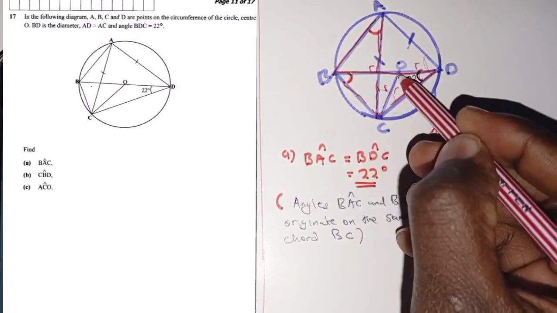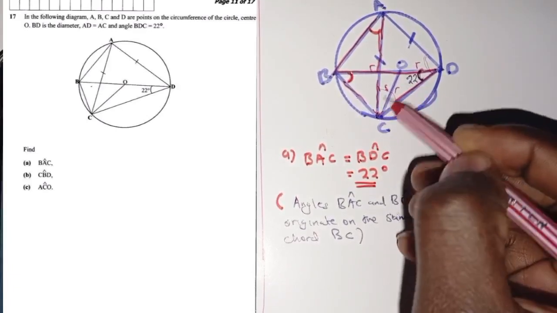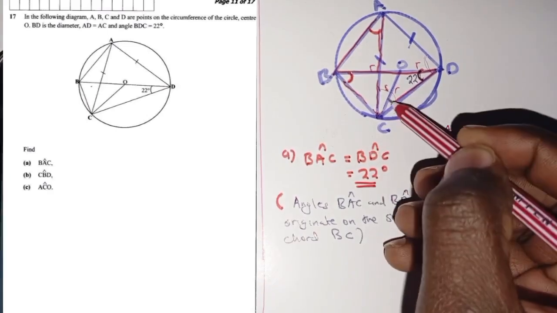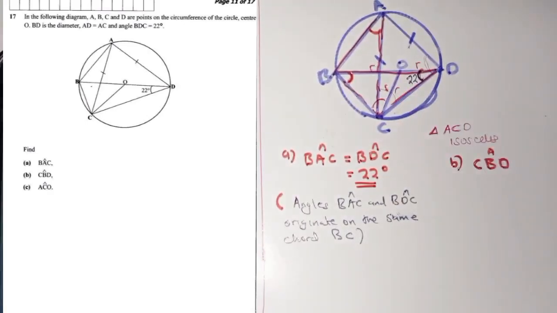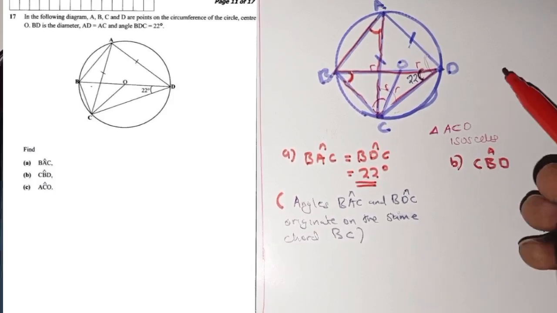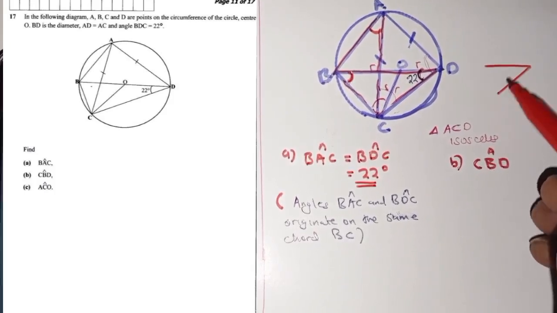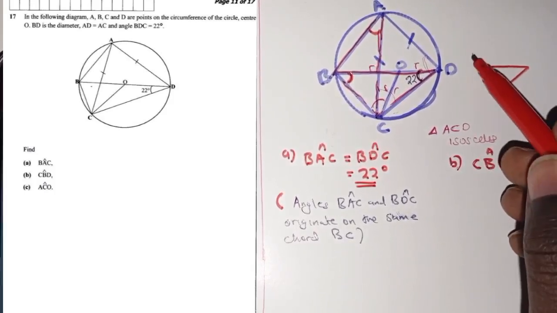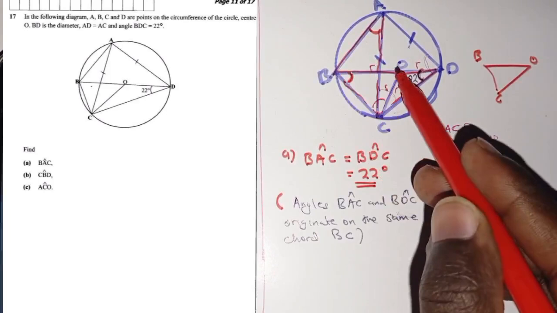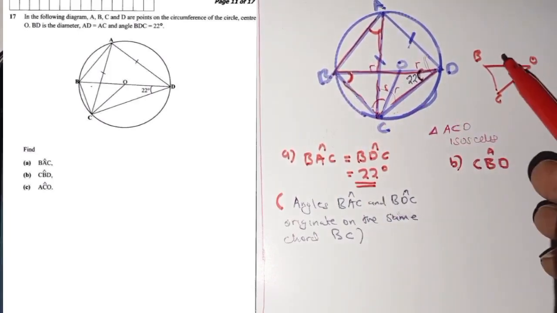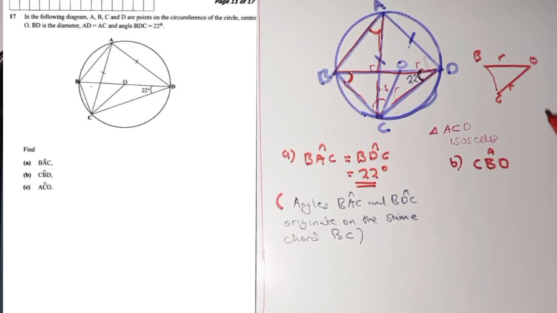So now you have two radiuses, meaning this angle here and this one are both equal. I hope you see this. Since this is the center O, this will be radius, this also will be radius, this also will be radius.